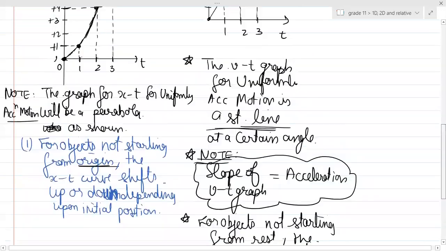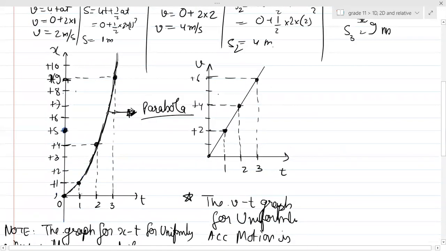Please remember, guys, this graph can go up or down depending upon the initial velocity. Here I have taken the initial velocity as 0. So that is why the graph was starting from origin.